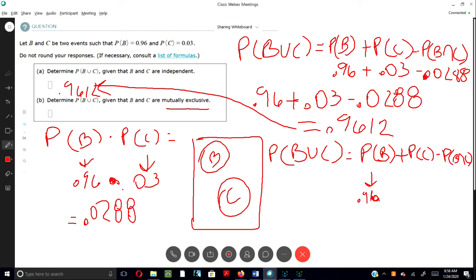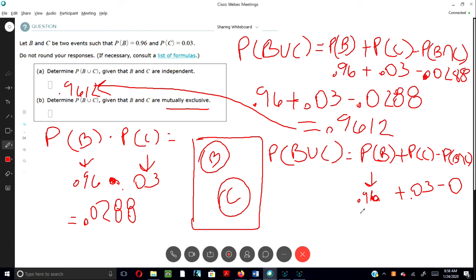Okay? And so we will put in our numbers, and that'll be 0.96 plus 0.03 minus 0, because there is no intersection between B and C. They do not intersect.